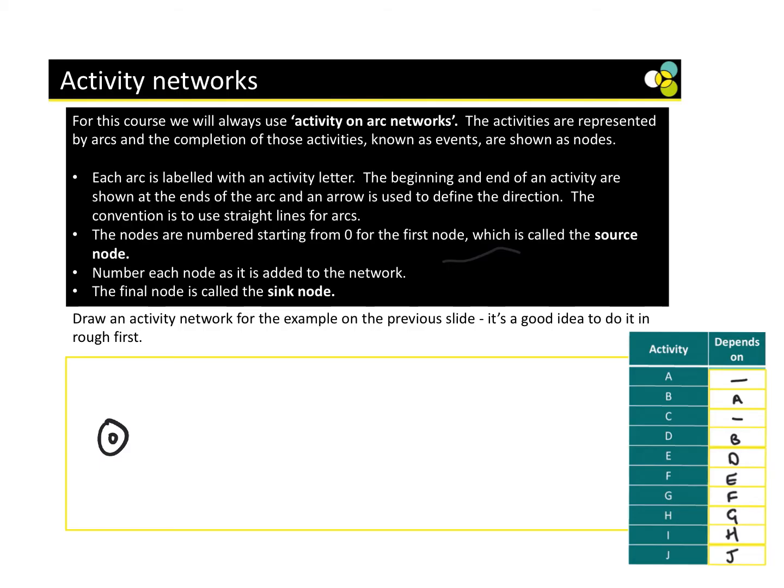So A and C don't depend on anything, okay? Now, forget about what it was. This is what we've been told right now. So if A and C don't depend on anything, we have A, we have C, okay?